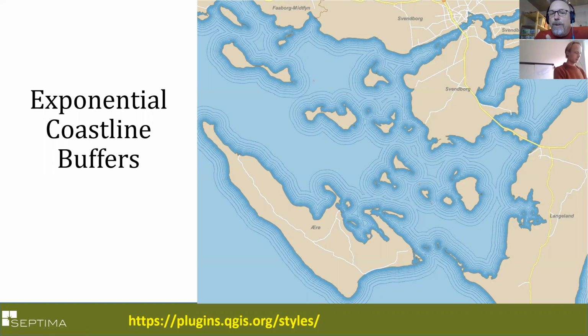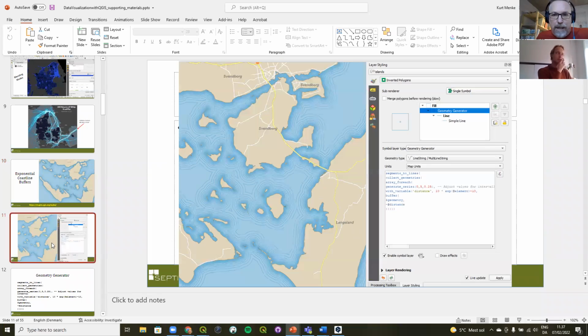One obvious way to do these is to produce a series of buffers around the land at specific distances, merge them all together and symbolize them. But we can also use something we're going to cover in the next class, geometry generators, to create this kind of effect as well. It's computationally intensive, but it is possible to do it.